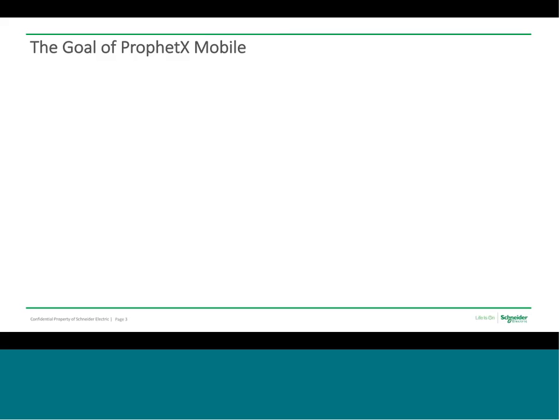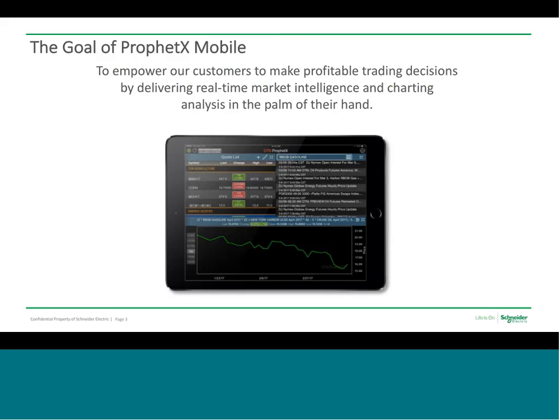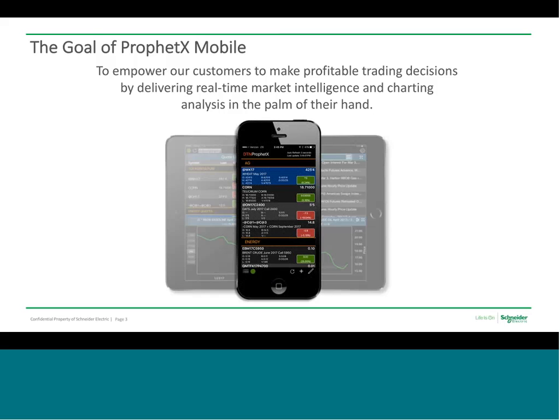But overall, all of those things that we're trying to enhance and improve the app to basically empower you, our customers, to make more profitable trading decisions, to manage your risk by delivering real-time market data and charting capability in the palm of your hand. So again, we've continued to do that through the iPad, and we're continuing to do that through the iPhone.